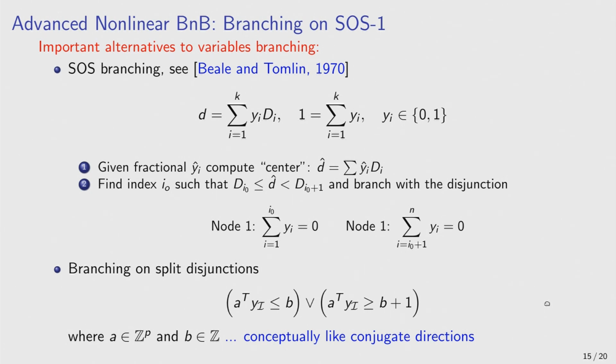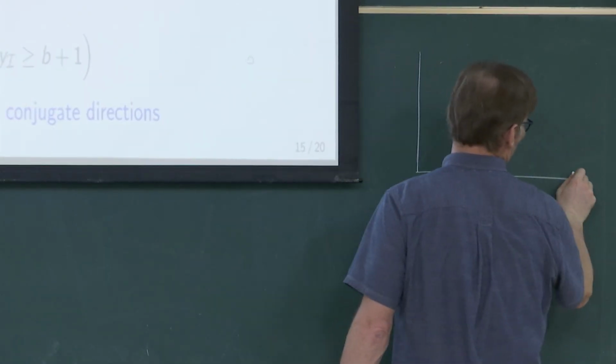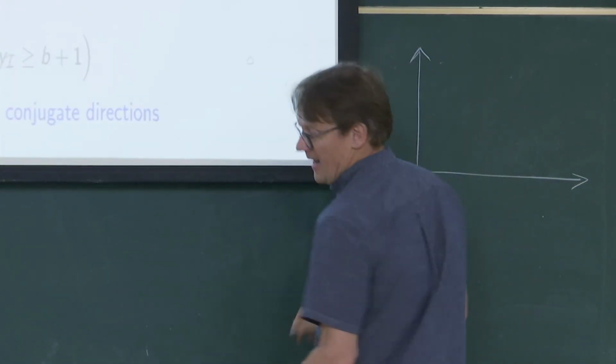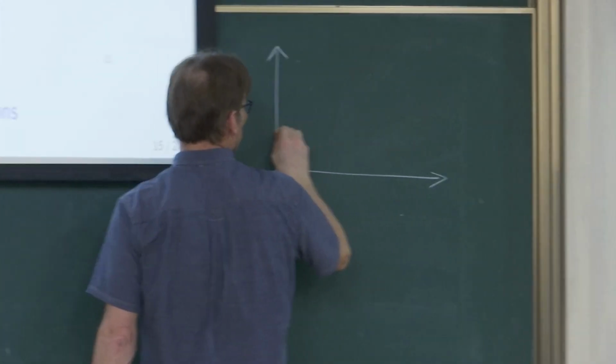But you can branch on other things. So you can branch on split disjunctions. So what are those? Let me see if I can draw a picture and get it right. I can create my integer lattice here.